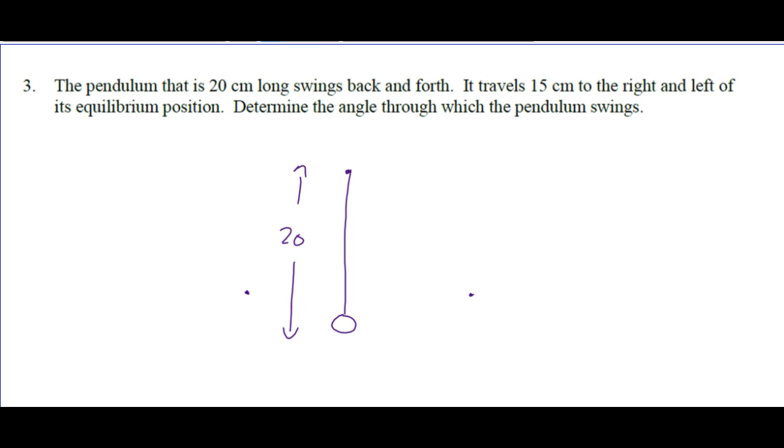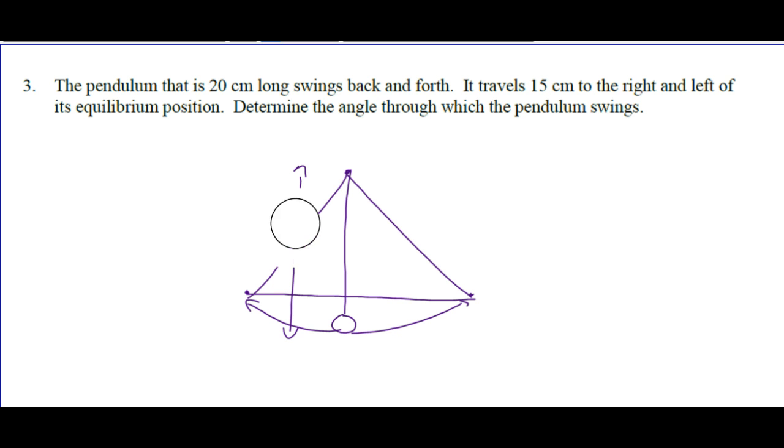So it swings to there and to there, right? As this swings, it ends up there and up there. And we know that it's 20 centimeters long, so we know that this length here will be 20, and this length here will be 20.